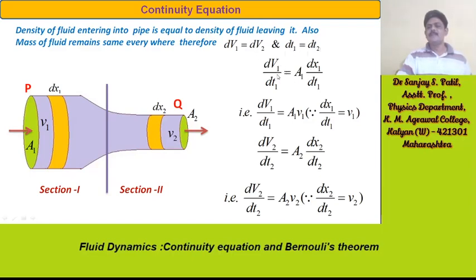So therefore dV1 by dt1 is equal to A1 into dx1 by dt1, that is dV1 by dt1 is equal to A1 V1, since dx1 by dt1 is equal to V1. Similarly dV2 by dt2 is equal to A2 into dx2 by dt2, that is dV2 by dt2 is equal to A2 V2.